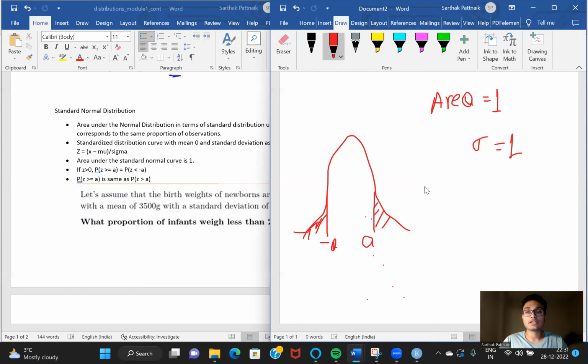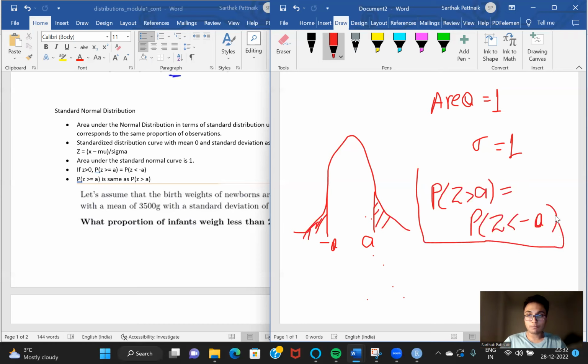So all in all, what we're trying to say is that the percentage of points Z greater than A, sorry, let me rewrite this, this proportion will be the same as Z less than -A.